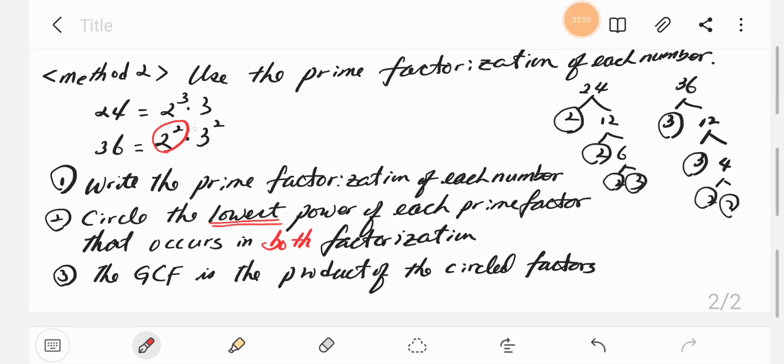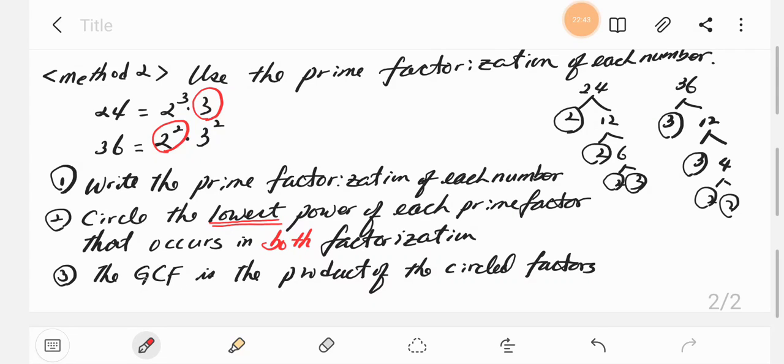And how about 3? The prime factor 3 occurs in both numbers. And the exponent for this is 1 and the exponent for this is 2, right? So we will select the prime factor that contains the lowest exponent.